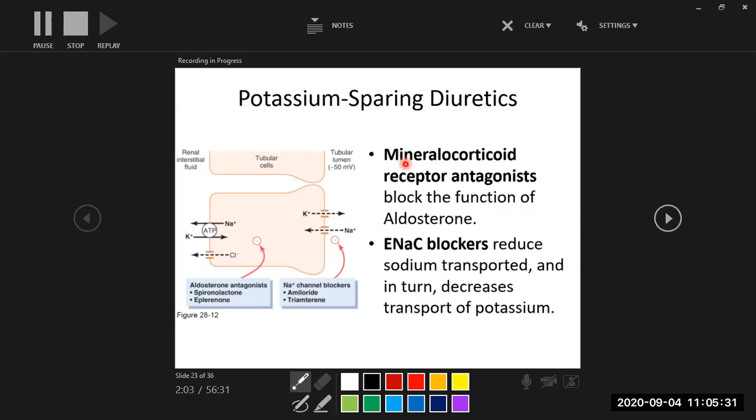One is called mineralocorticoid receptor antagonist. We block this receptor, so aldosterone cannot act on it. So that's one way of doing it. Another way is ENaC blocker. We block this ENaC transporter. When it's blocked, it's not reabsorbed.